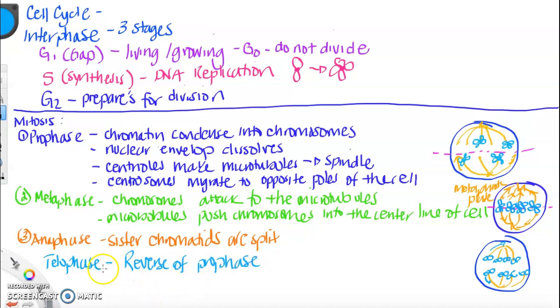So we have to unravel the chromosomes, and we have to make a nuclear envelope, and the nucleolus.